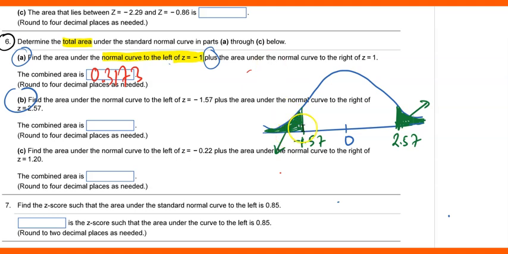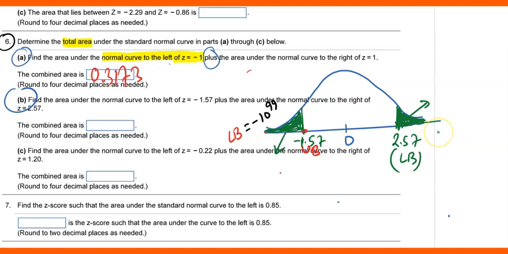Okay, to find this area you got to figure out the upper bound. This is the upper bound. Let me write down upper bound. Lower bound here is negative 10 to the power 99, let's just say -10 to the power 99. For this area, this is the lower bound, 2.57.